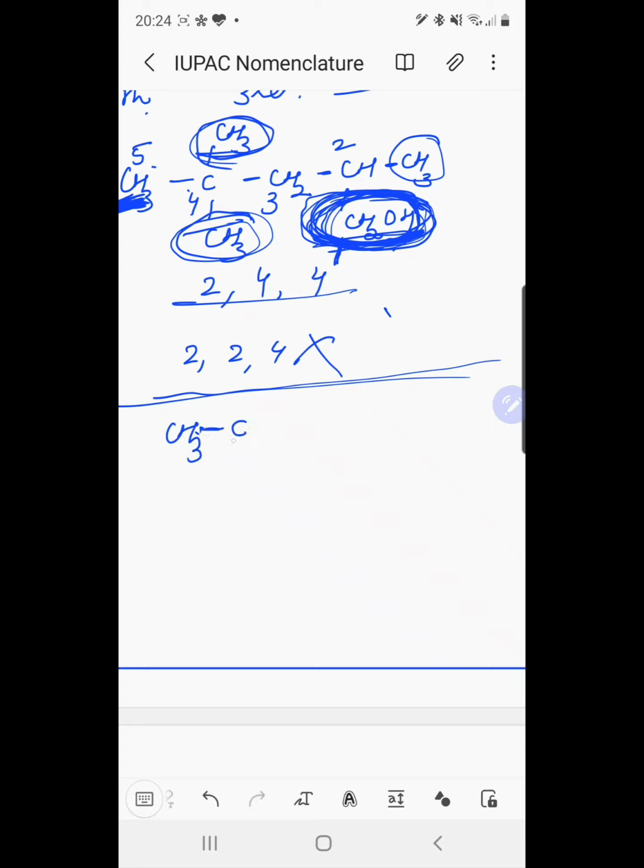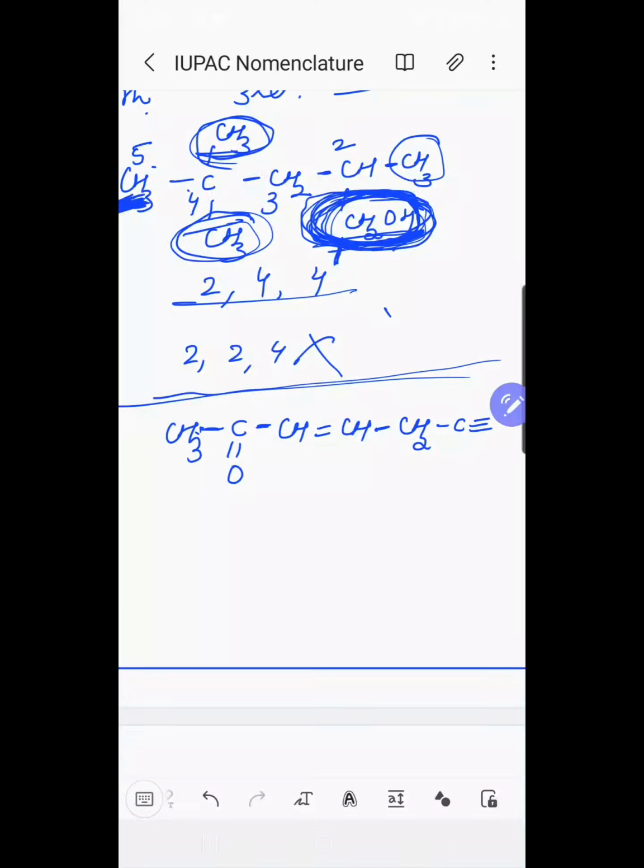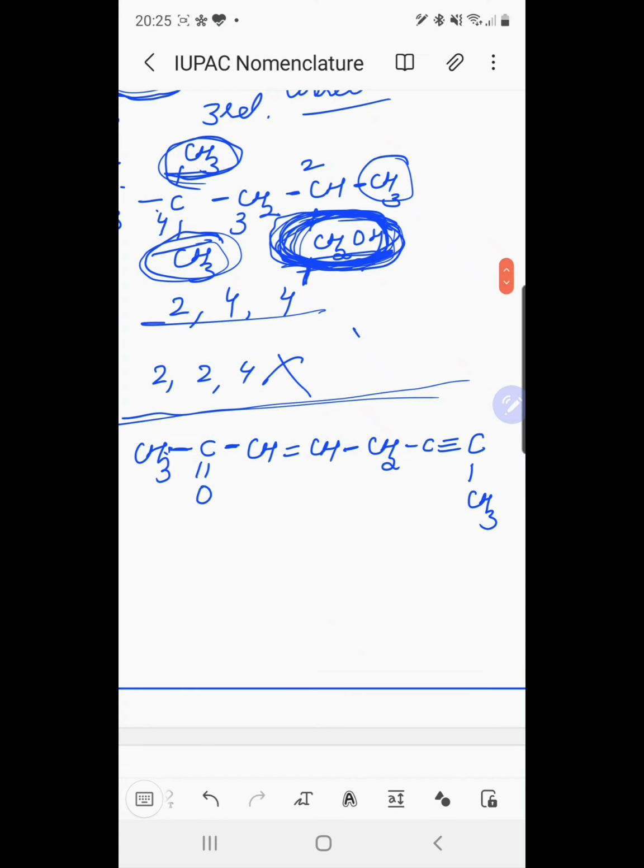CH3, CO, CH double bond CH, CH2, C triple bond C. In this case we will give preference to this functional group so that it gets the lowest number.